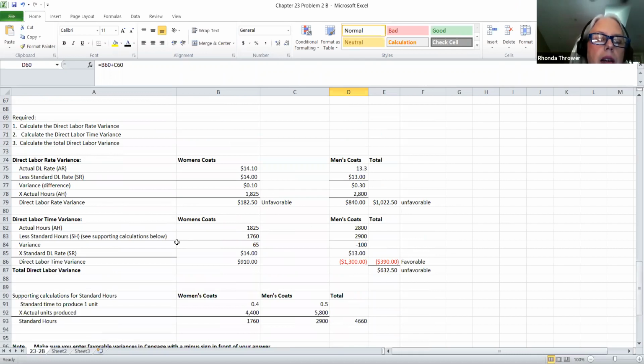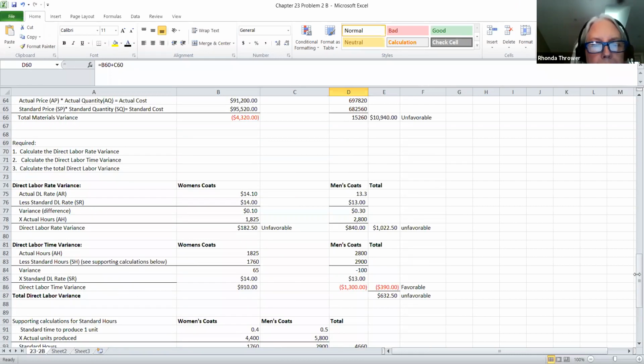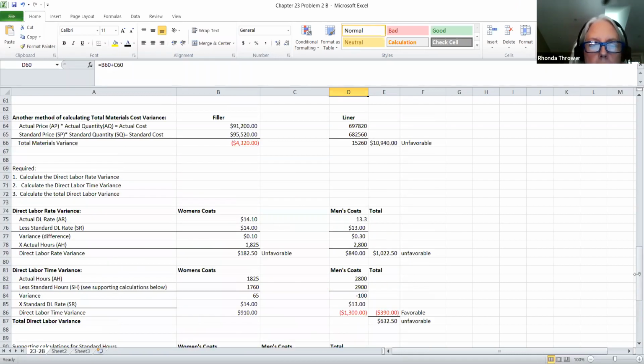The main thing is that you learn the variances and how to calculate them, the formulas behind them, and learn how to calculate your standard hours and your standard quantity. But all this information is in this Excel spreadsheet. And again, I apologize to you. I feel like I've gotten you into it, and then I might have gotten lost a little bit along the way myself, so I'll try to pay more attention to what I'm doing here.